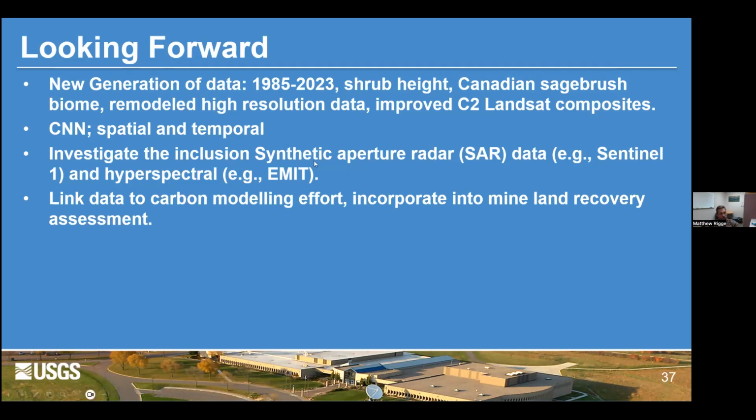So the SAR data is advantageous in that you can see through clouds, A, and B, that it gives you an idea of the height of the vegetation. And both of those things can be helpful to classification.